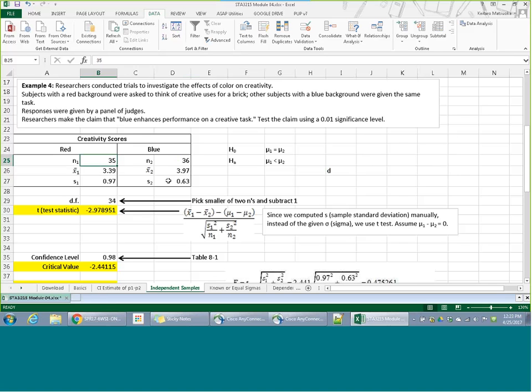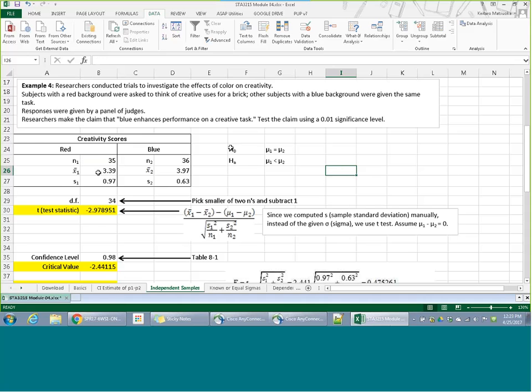So if we assume this, then the null is that the means are the same, mu1 equal to mu2. And since we're assuming red to be group 1, the alternative is that the mean of 1 will be less than the mean of 2.